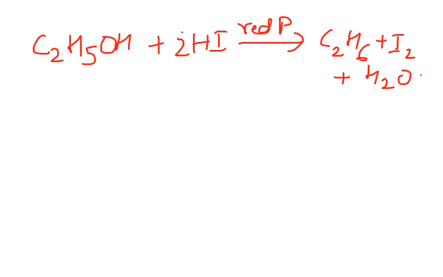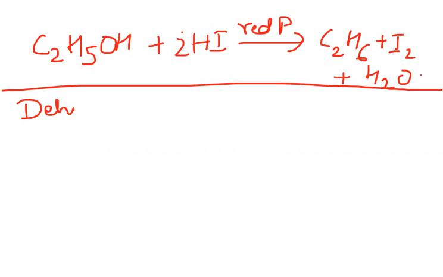And the dehydration process, probably that's the last part for today. In the dehydration of alcohols, obviously in standard 10 also you studied the preparation of alkenes, where you can obtain alkenes by dehydration of alcohols or dehydrohalogenation of alkyl halides.